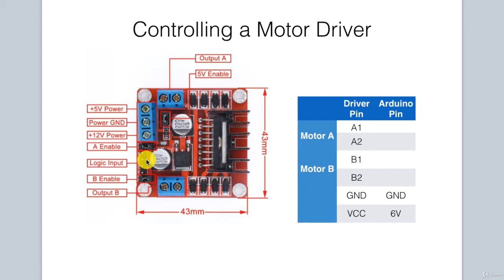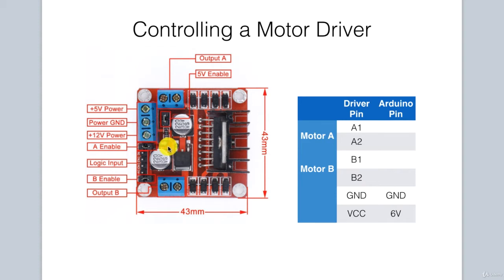We can accomplish this by setting signals high and low coming from the Arduino to control the polarity on these pins. There is also a ground pin on the driver, which is connected to ground, and VCC, which is connected to your external power source.